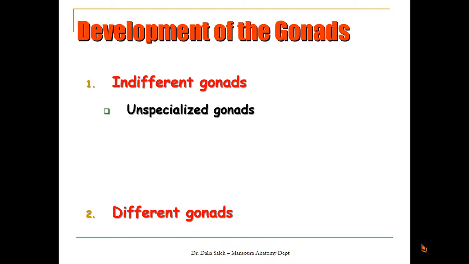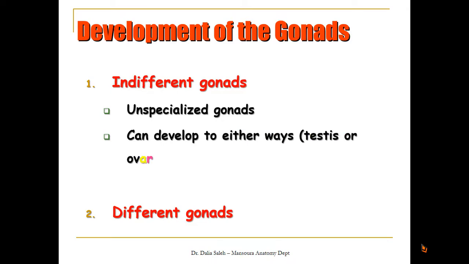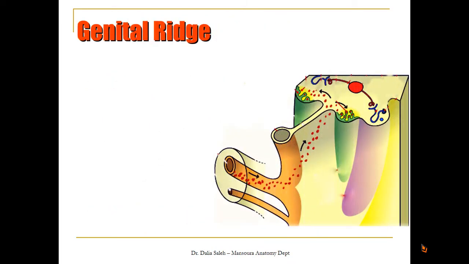The indifferent gonads are unspecialized gonads that can develop either way, testis or ovary, and they are present at the 6th week of development. So let's start with the formation of the indifferent gonad.